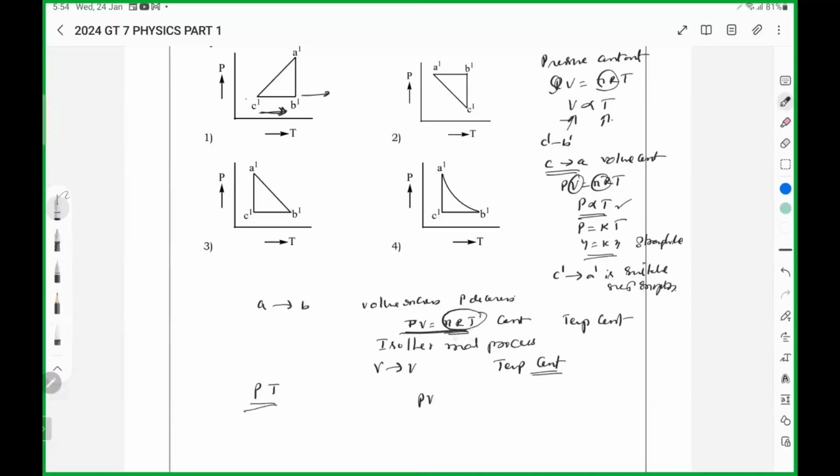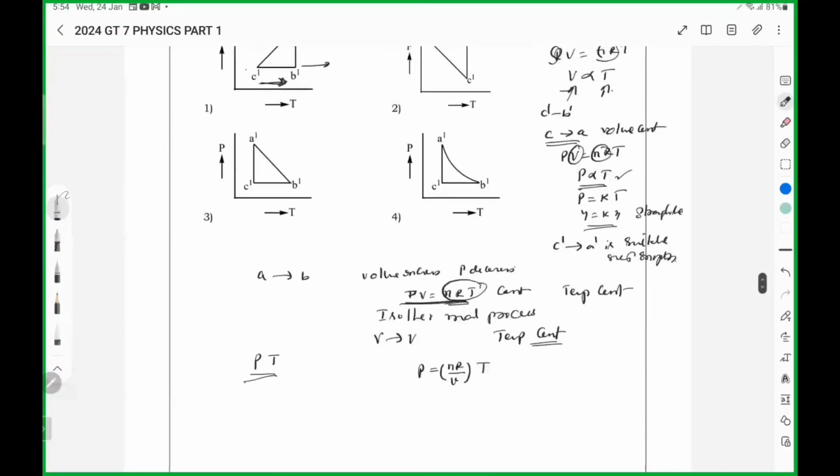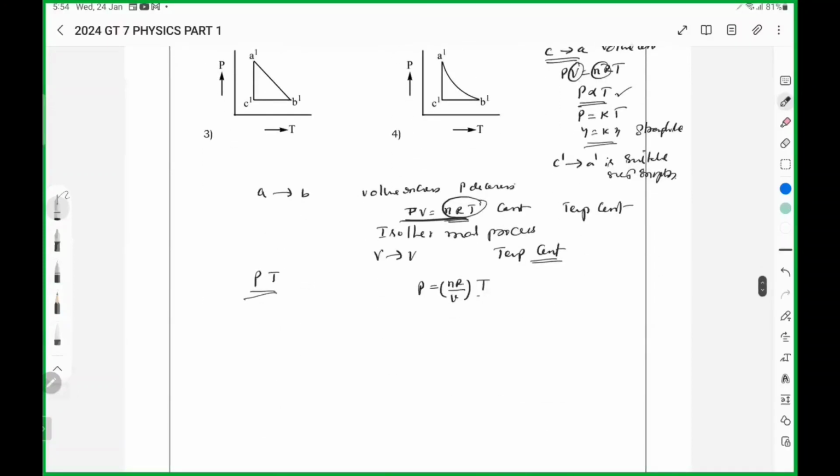We want to establish a relation between P and T. P here is nR by V into T. So at constant temperature, volume increases, pressure decreases.